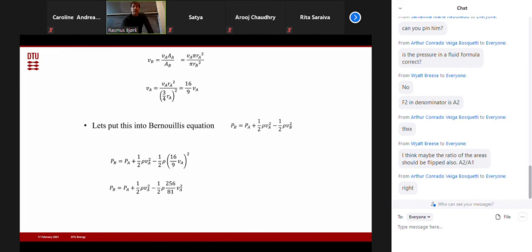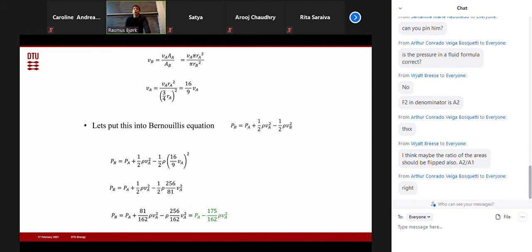And you'll see, in one case you have 1/2, in the other case you have a really huge number. And when we put these two together and we keep a common denominator, we get something that's actually pretty ugly. So we get 175 over 162, times density times our VA squared. It's an ugly number, but it's the correct number.